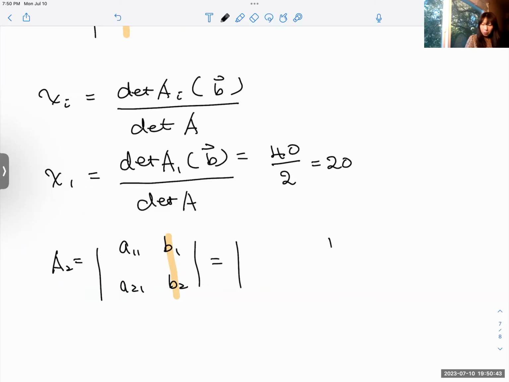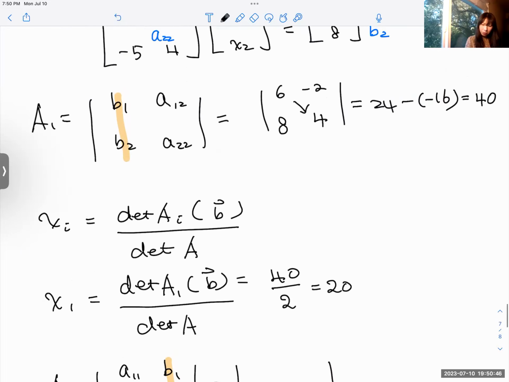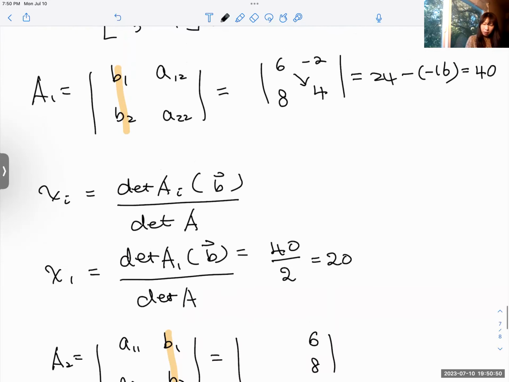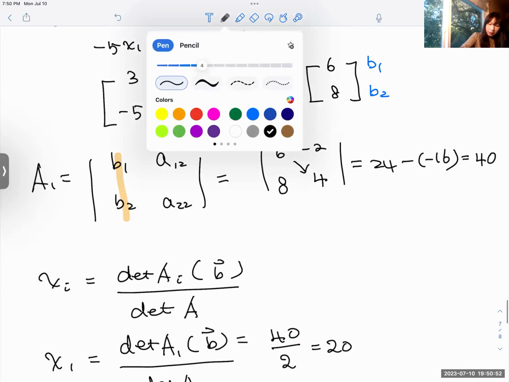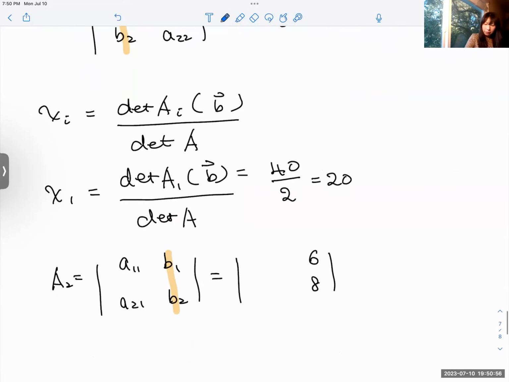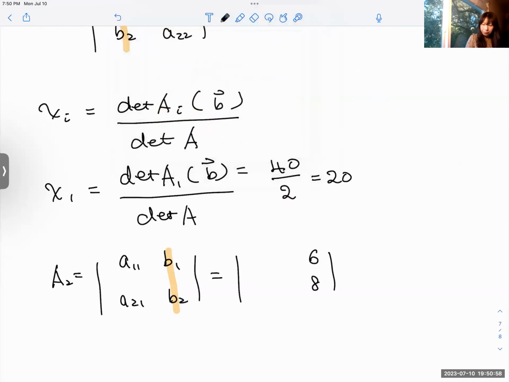We have B1, B2, which is 6 and 8, and A11, A21, which is 3 and negative 5. So 24 plus 30, right?